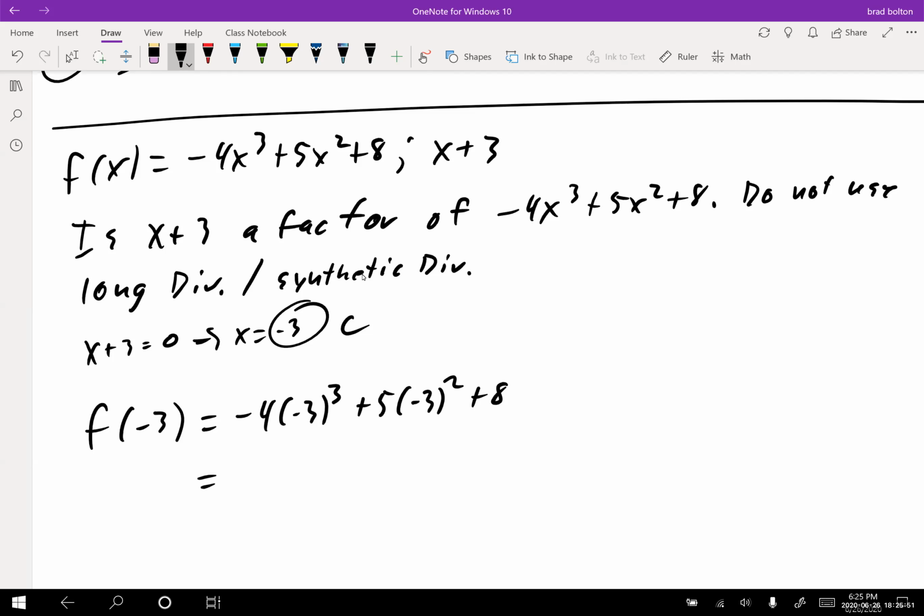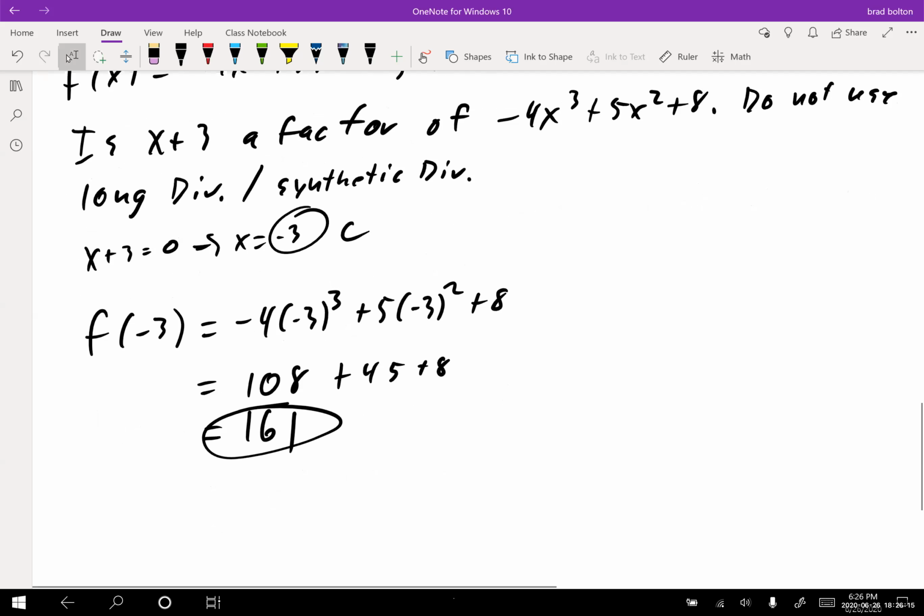So this will be what, 9, 27. So we got 27 times 4. They're both negative, so we're going to get 108 plus 45 plus 8. So I should get 161, which we do, okay?